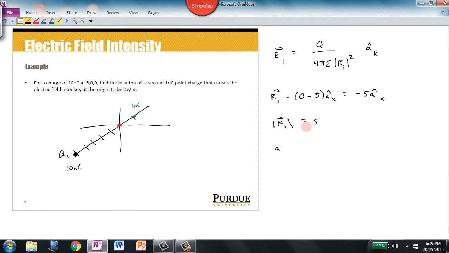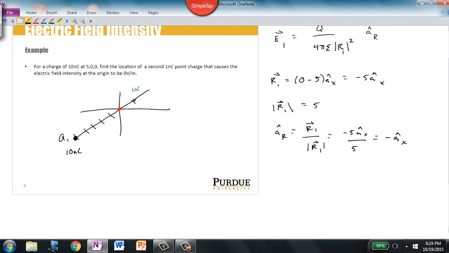And so the unit vector pointing radially is just R1 over the magnitude of R1, which is minus 5 a hat x over 5, equal to minus a hat x. The unit vector is pointing in that direction. So that's saying the E field due to this charge points in the negative x direction.